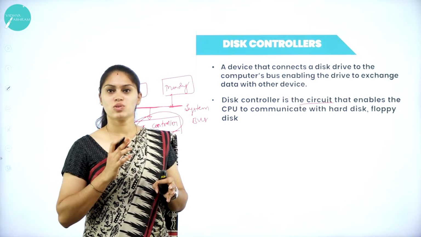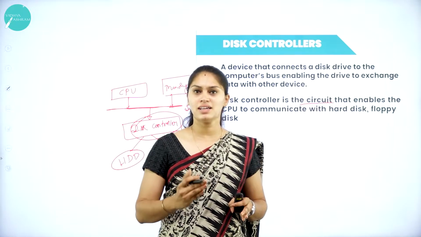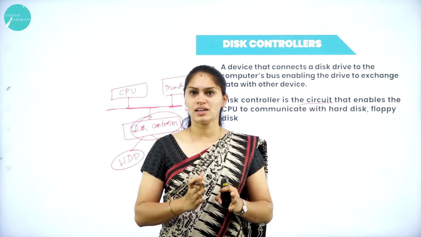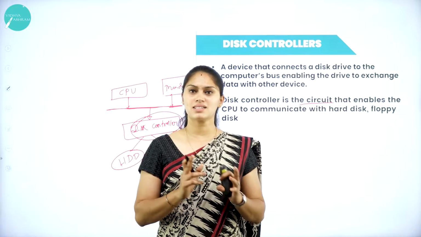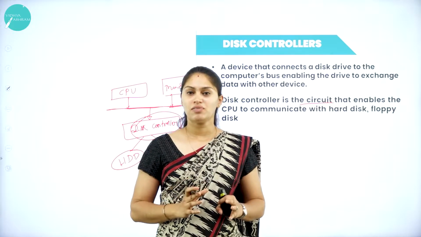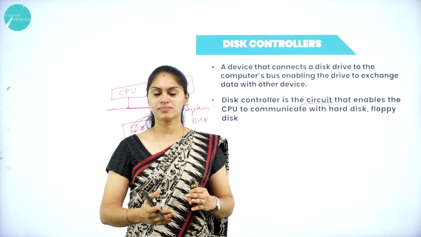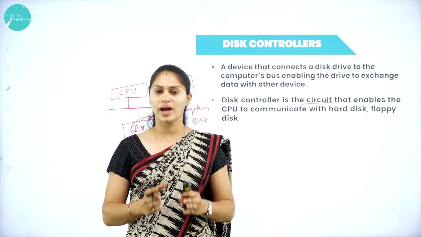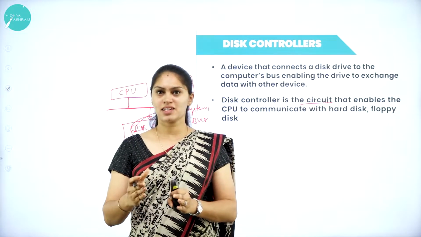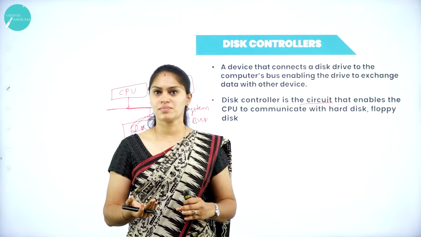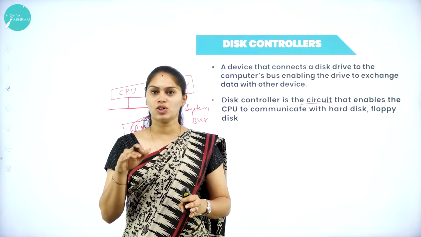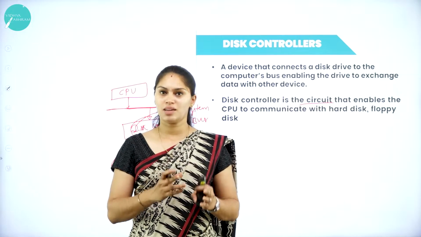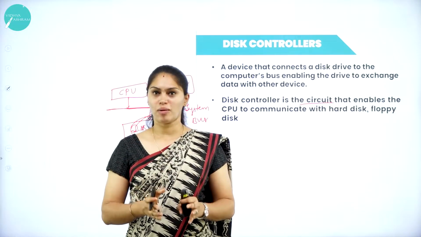Getting it, students? If I want to communicate with hard disk or floppy disk, there will be some data, instructions or other information there. So the processor has to communicate with the floppy disk and hard disk, because there are data and instructions required for processing. So I require the disk controller. The disk controller will act as an interface between the CPU and the hard disk or floppy disk.